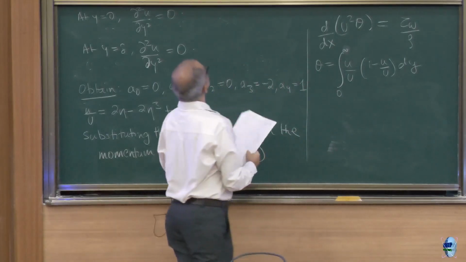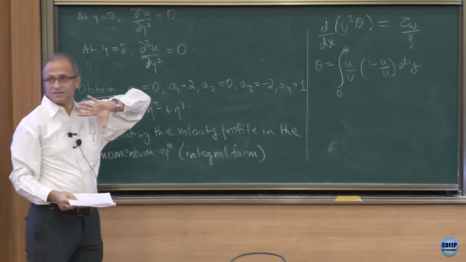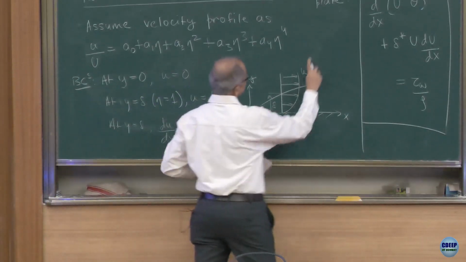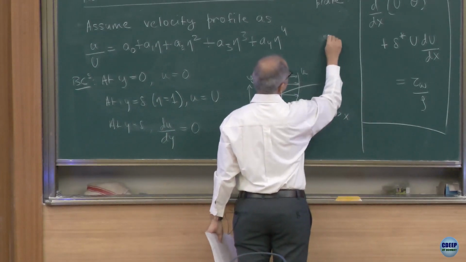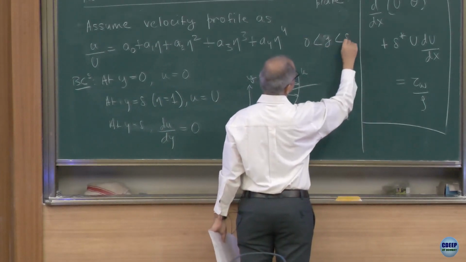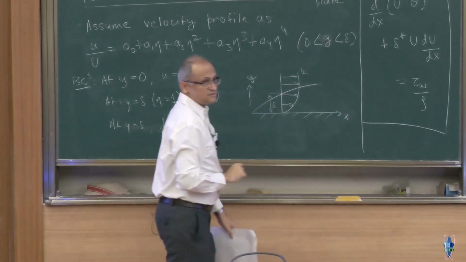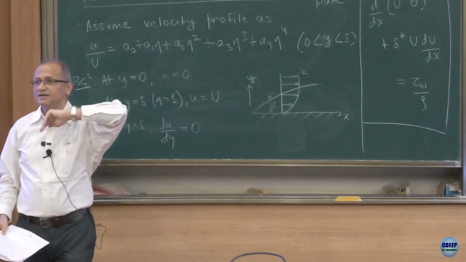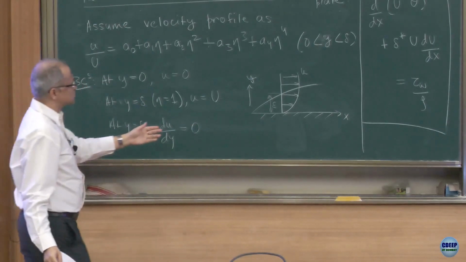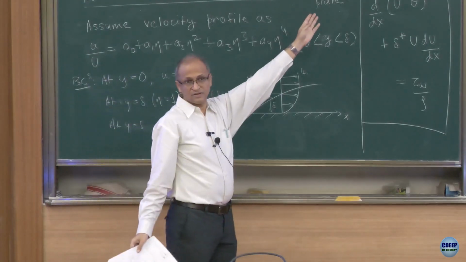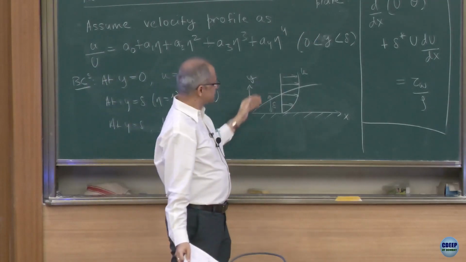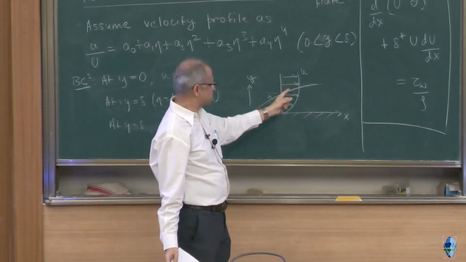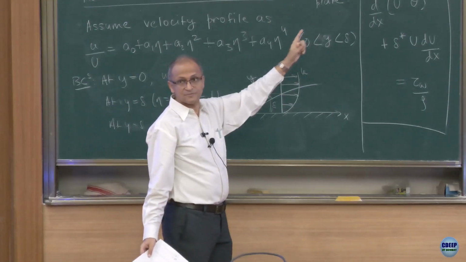By the way, once we say this velocity profile is like this, it is implicitly assumed that this is only applicable for y greater than 0 and less than delta. Velocity will not continuously grow till infinity, because eta is continuously growing. So it is essentially only in this boundary layer region that you are assuming the variation. After that, it is constant.